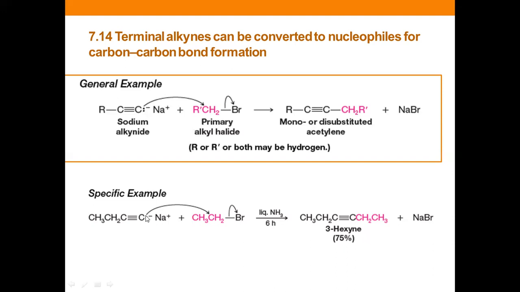It will be used as a nucleophile to attack this carbon here. So you have your triple bond C and you have your CH2CH3 here. So you have increased the length of your chain, giving hexyne in this case. Again, this is an example of using your alkynide as a nucleophile.